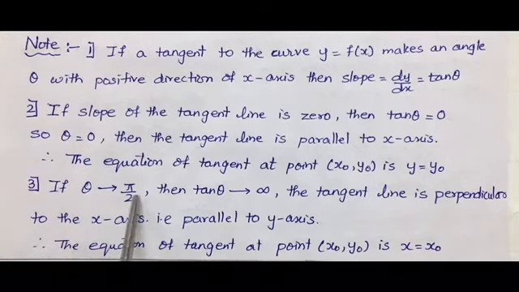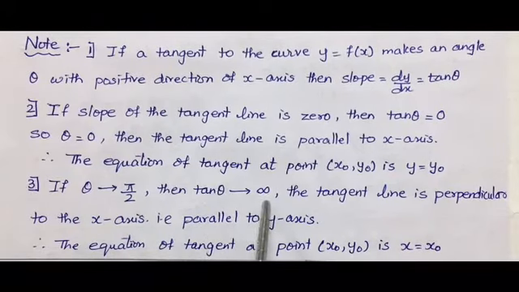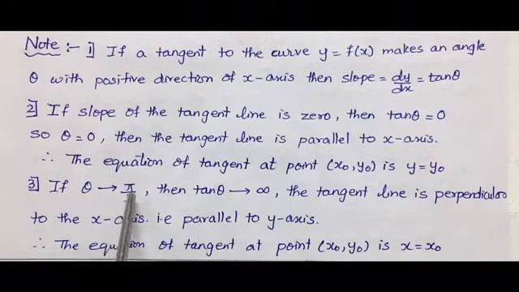If theta tends to pi by 2, then the value of tan theta tends to infinity. Why does tan theta become infinity? Because tan theta is sine theta upon cos theta. If theta is tending to pi by 2, cos theta becomes 0, so it becomes 1 upon 0, and 1 upon 0 becomes infinity.